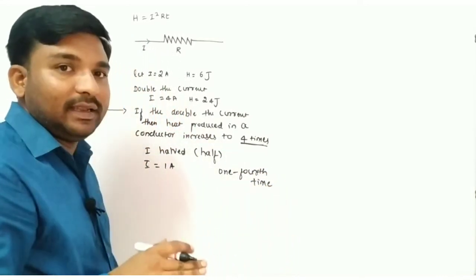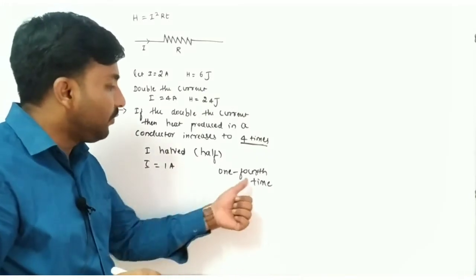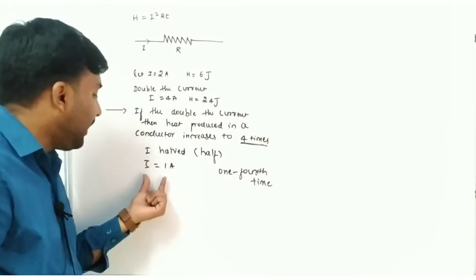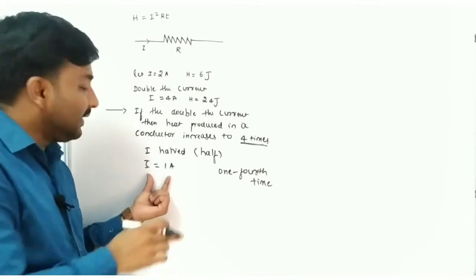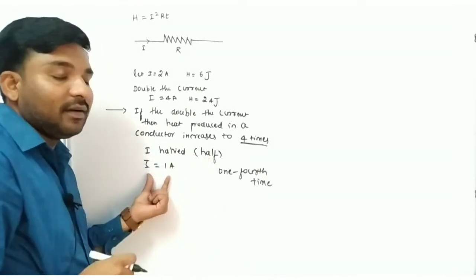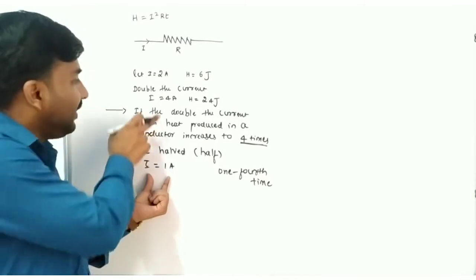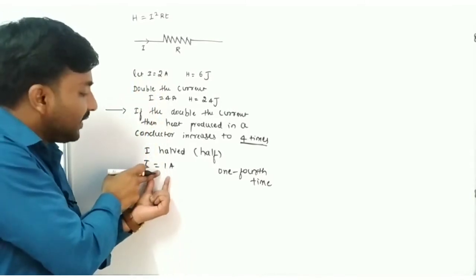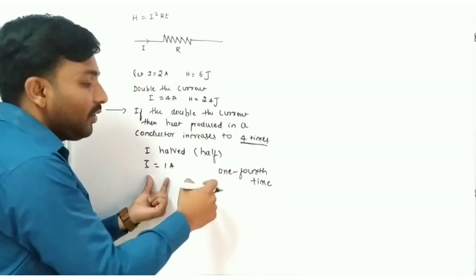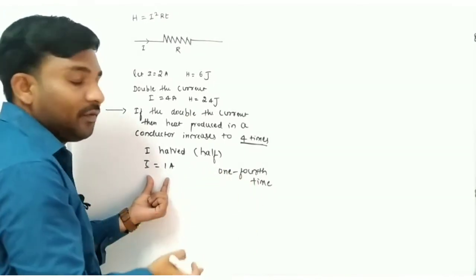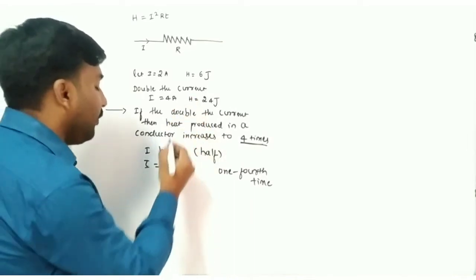The heat produced in a conductor decreases to 1/4 when we pass an electric current that is halved. The meaning of the word halved is half the current. Earlier it was 2 amperes. Now you are passing an electric current of 1 ampere. So the amount of heat produced in the conductor becomes 1/4 time. How are we going to calculate that?